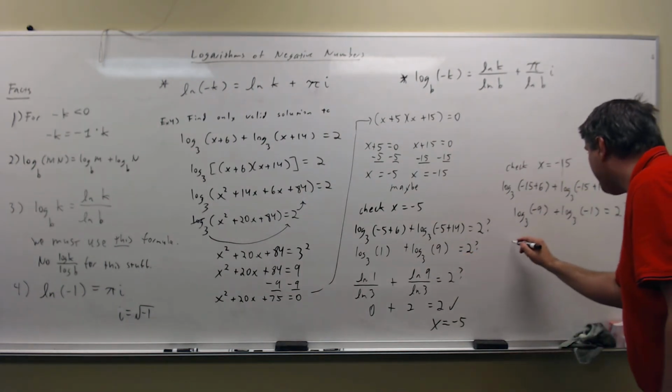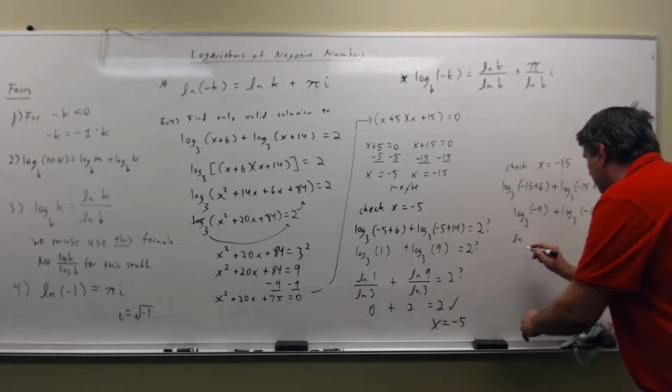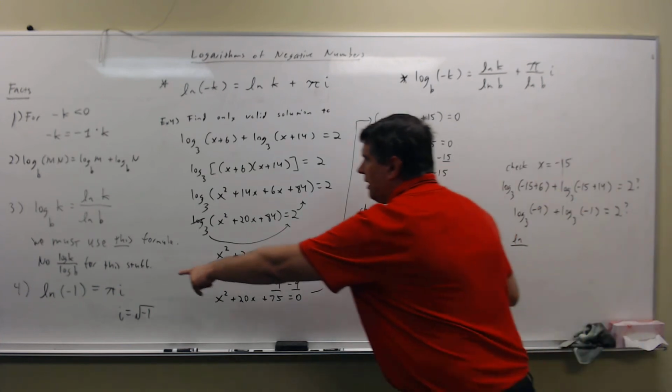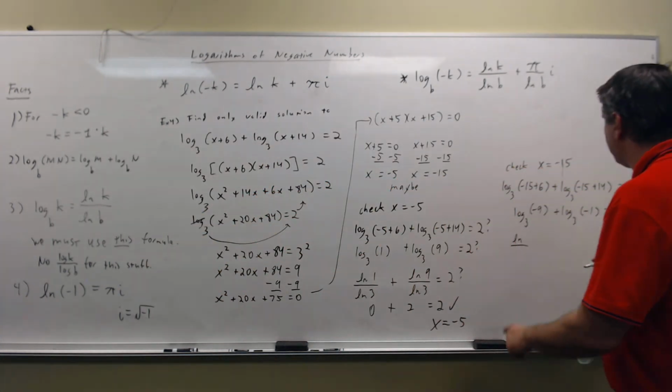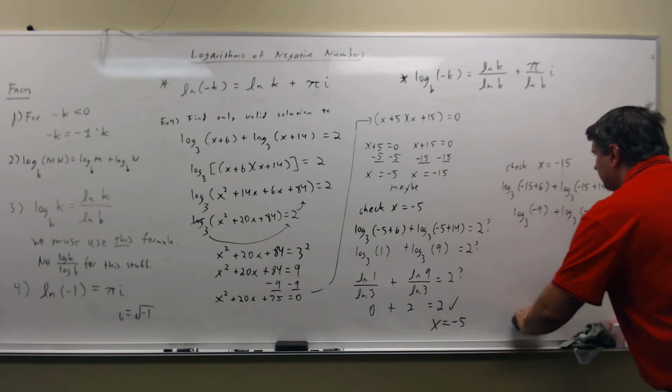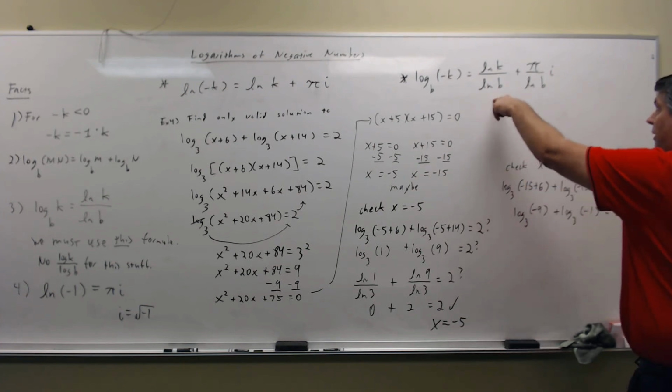So this will be natural log, I'm going to use the change of base formula here. Actually, these are logs of negative numbers, so that's the appropriate formula.